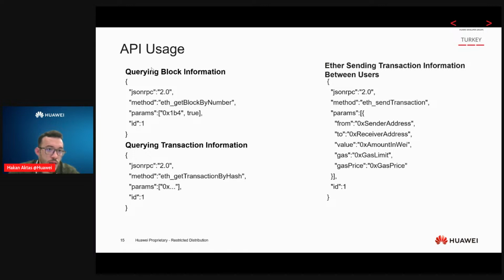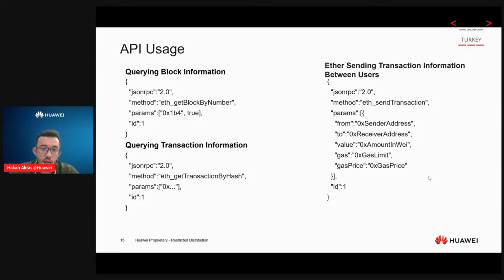By providing the block number in the parameters, we can retrieve detailed information about specific blocks. This is very useful for checking data like transactions, transaction counts, and block size.